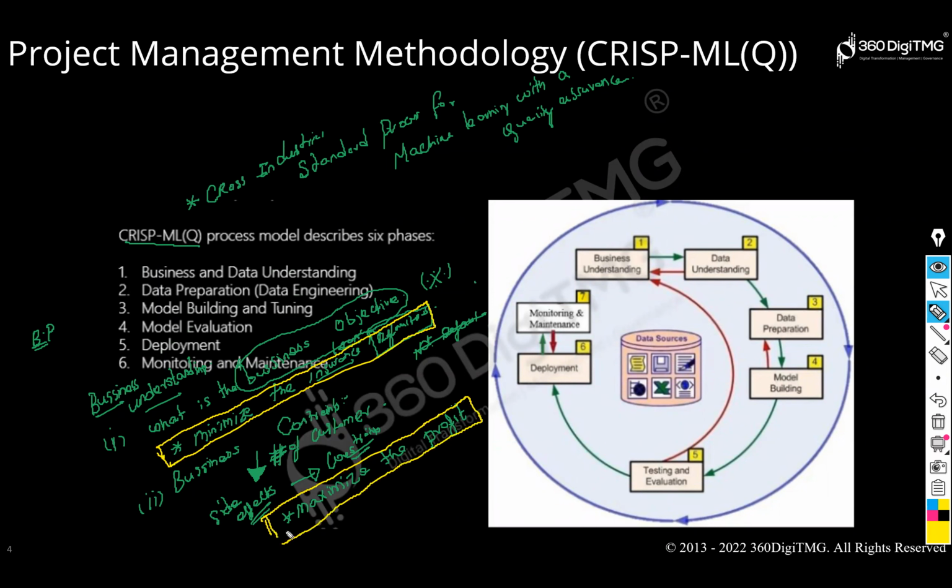Now there is no side effect. Now I have understood the business problem completely, and this is a valid success criteria for the business problem. As the first step of my understanding, I come to know this is my business problem.